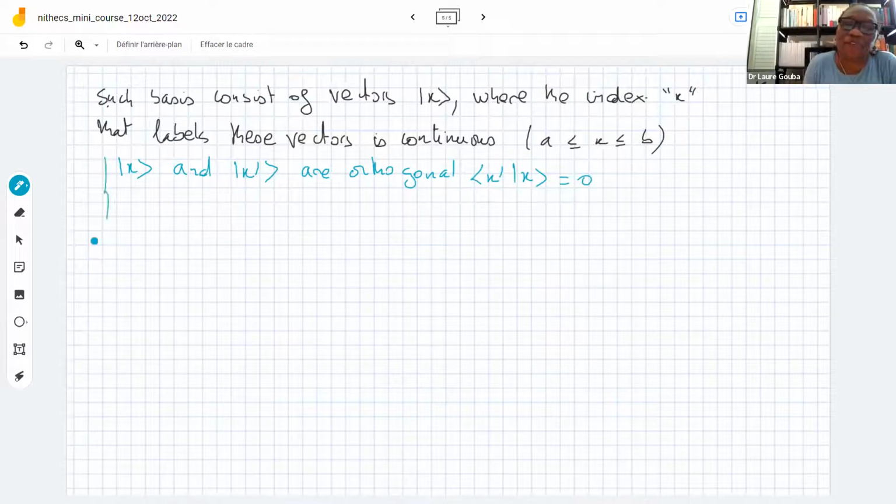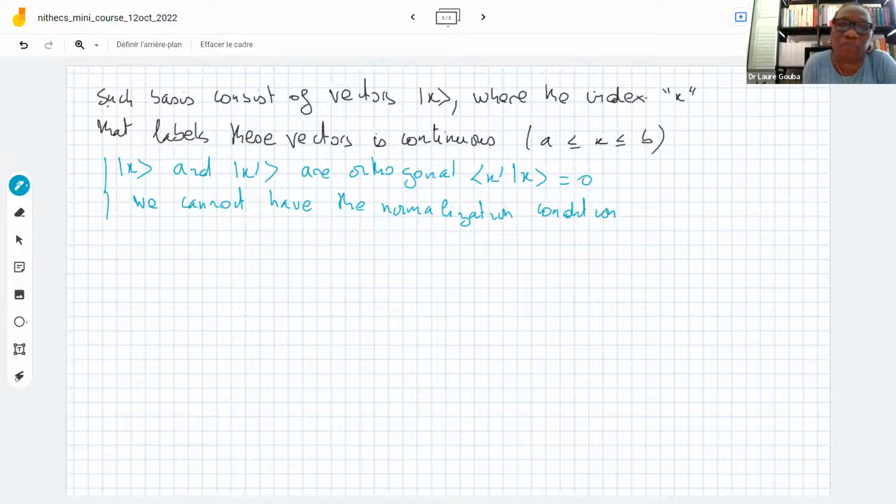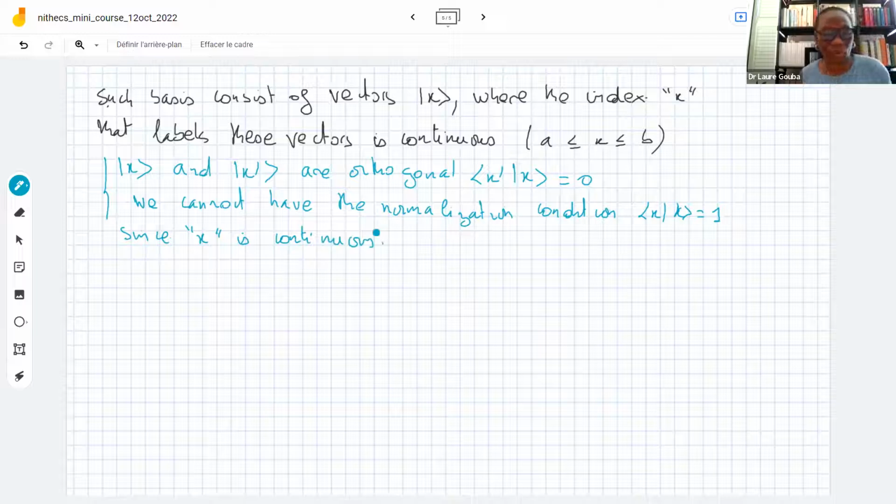But with respect to the normalization condition, we cannot set it yet, since the variable x is continuous. This is the point, but we will see how we define that.